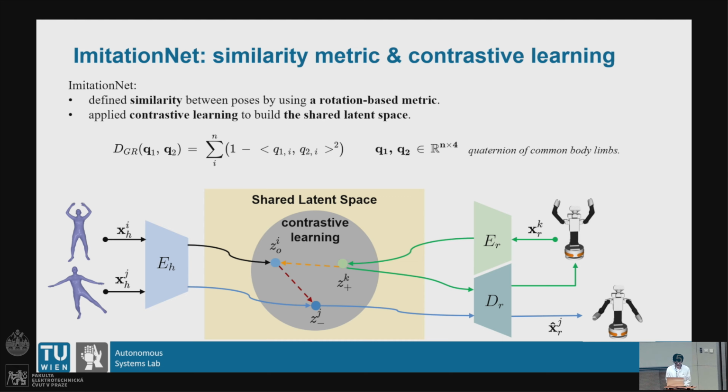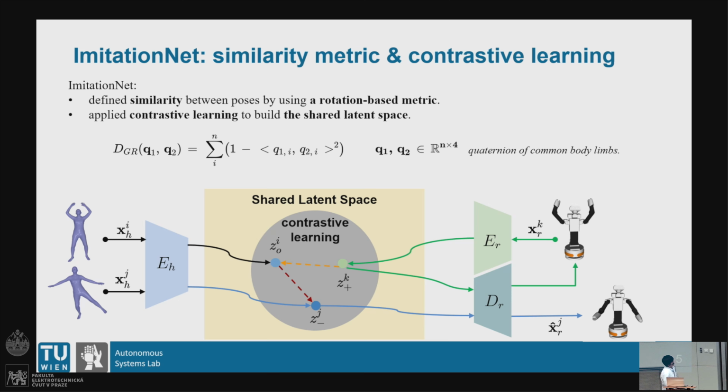During training, it has three components. One is a human encoder, which encodes the human joints into the latent space, and another is the robot encoder, mapping between the robot joint space and the latent space. It has an additional robot decoder which maps the latent space back to the robot space in order to generate robot motion.